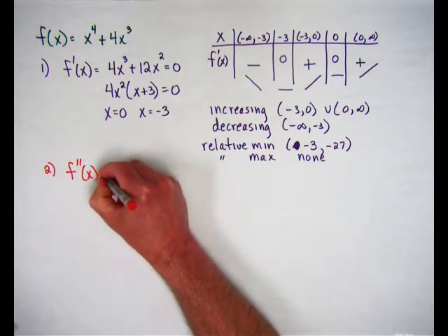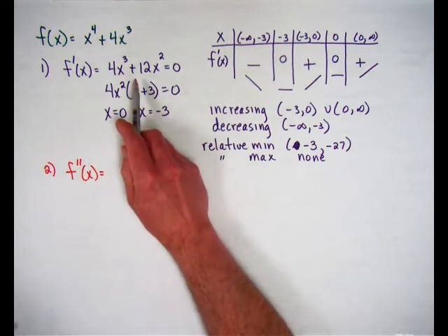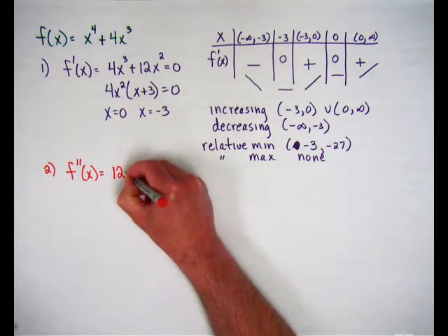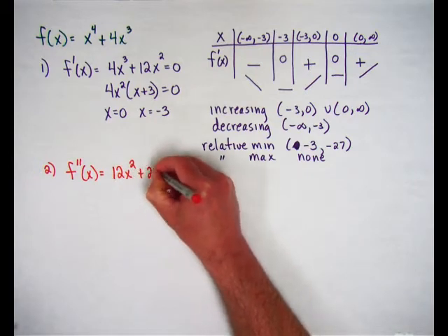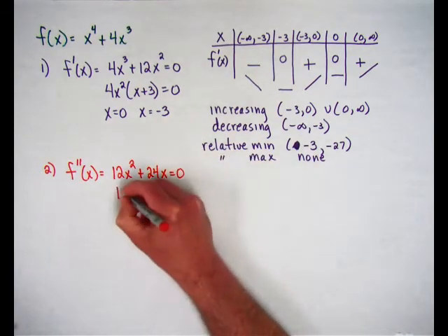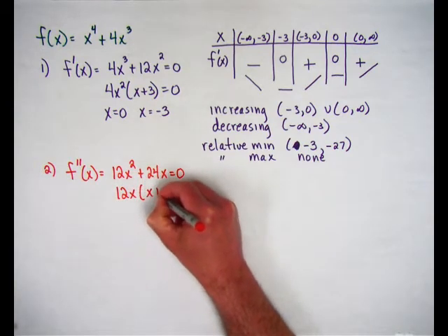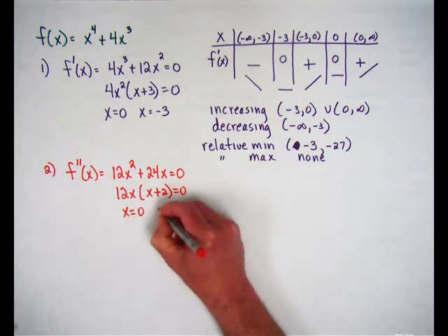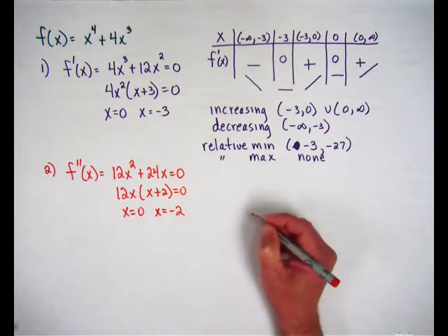So the second derivative, f double prime, we're going to take our second derivative of our first derivative. So we're going to get 12x squared plus 24x. We're going to make it equal to 0, take out a common factor of 12x, and we find critical values at 0 and negative 2.